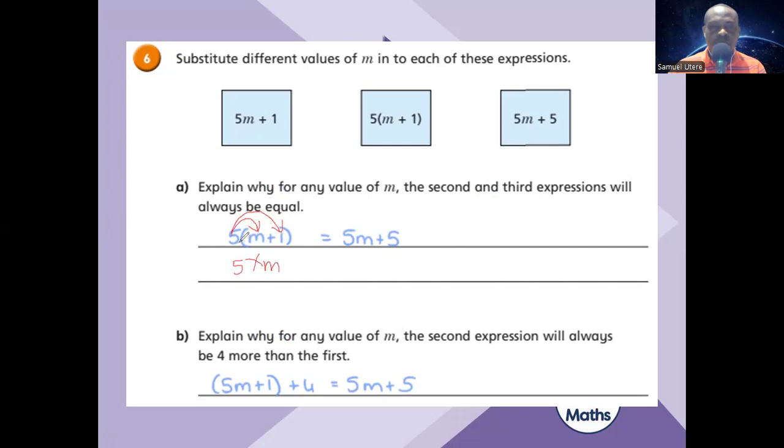Okay, whatever is outside is multiplying what's inside. So this is 5M plus 5. Or you can use the bar model to think about it. You have M bar, and then you have the bar for 1. And then you have 5 lots of that.